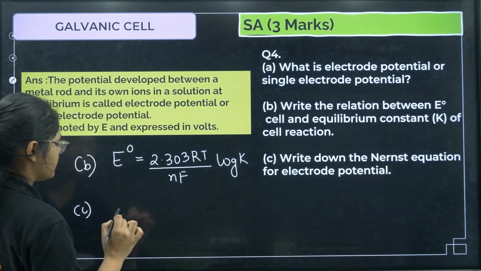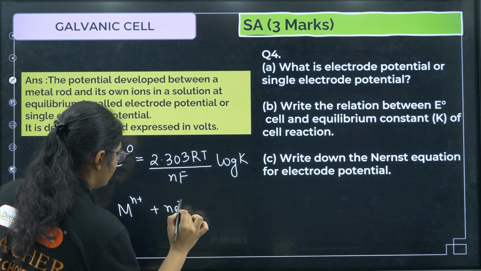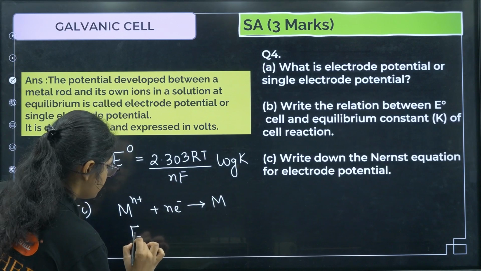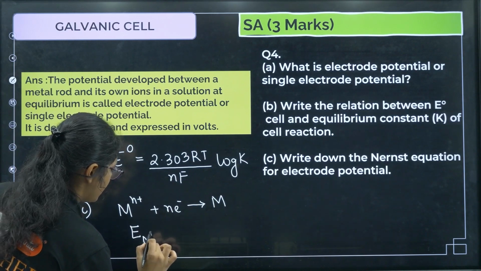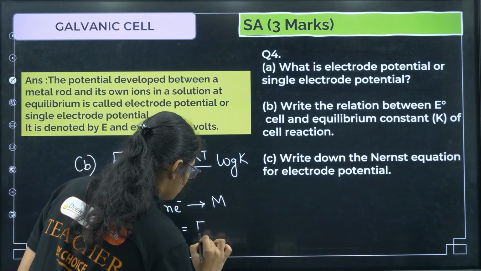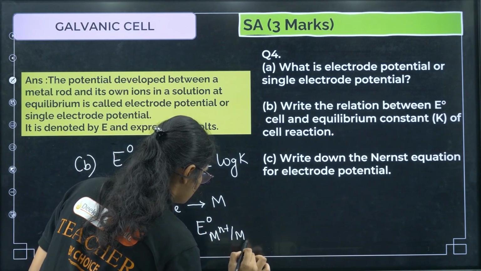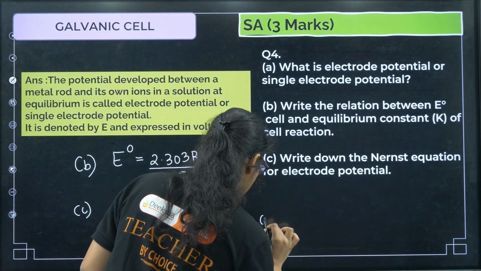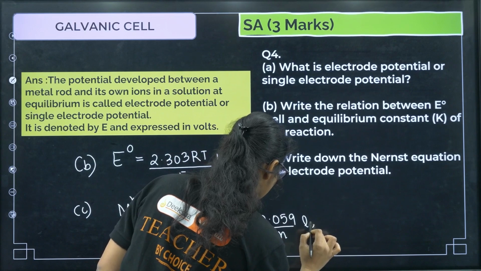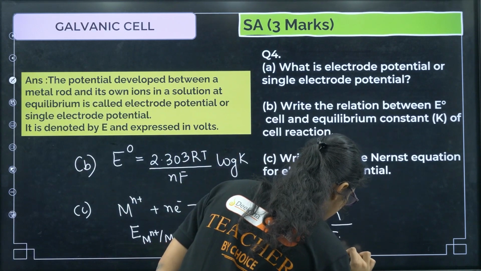When you want to calculate only for electrode potential, it is like this: Mn+ plus n electrons gives you M. So I will have E of Mn+/M equal to E0 of Mn+/M minus 0.059 by n log of 1 by [Mn+].